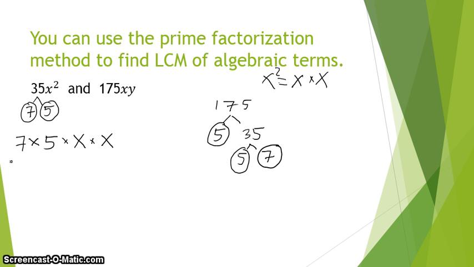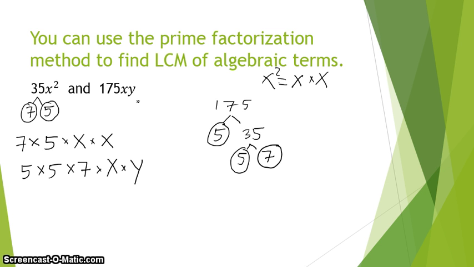And then I can write down the factors of 175. So it's 5 times 5 times 7. And then don't forget your letters. It's also times x, because if there is nothing between a number and a letter, that means it's multiplication. And also times y, because again, there is nothing between, that means it's multiplication.